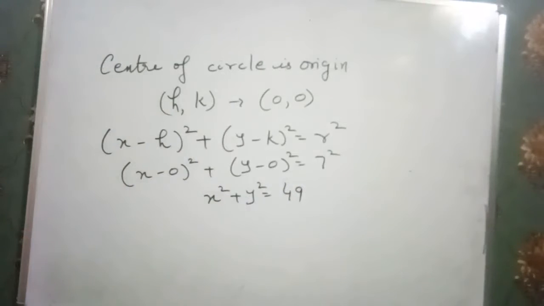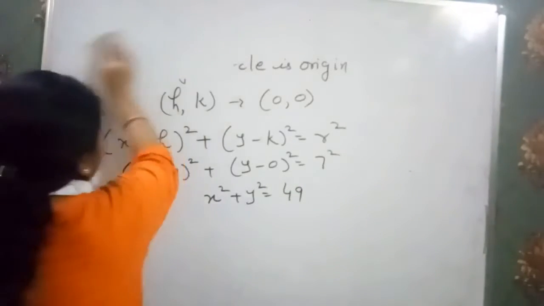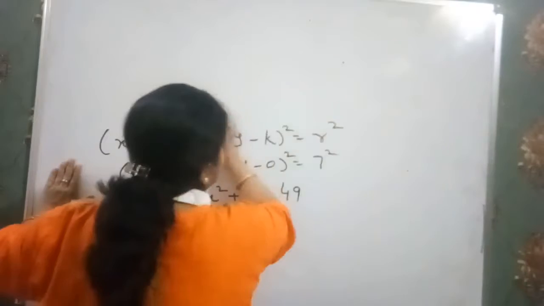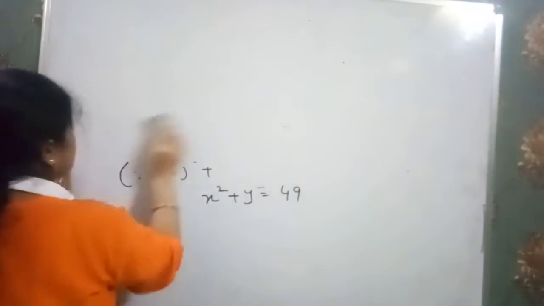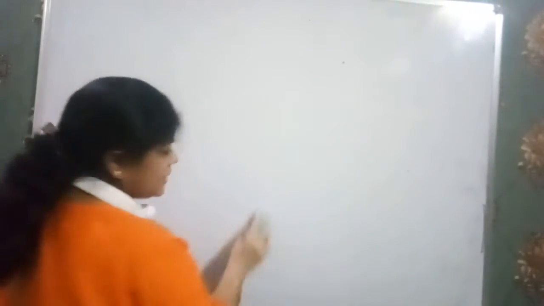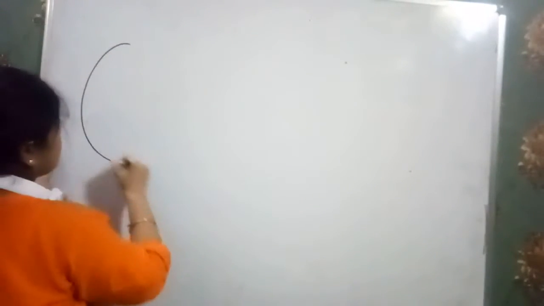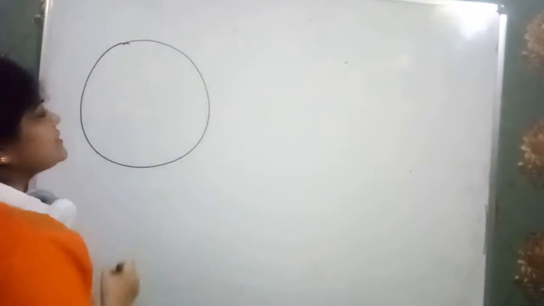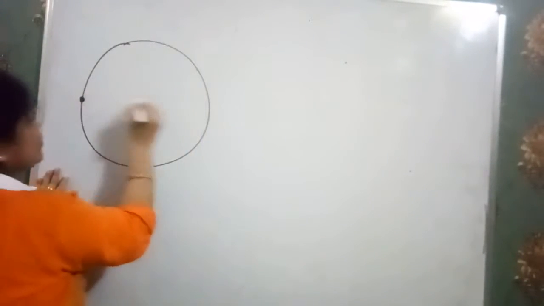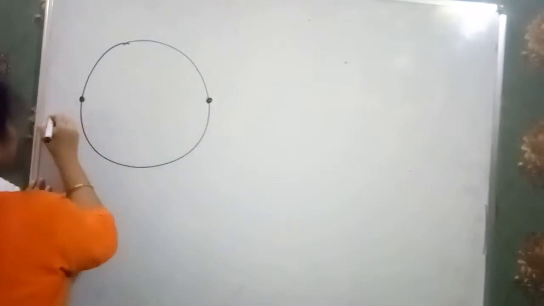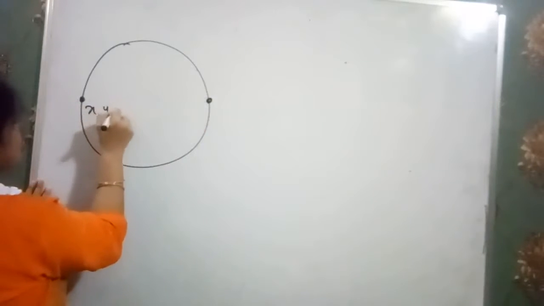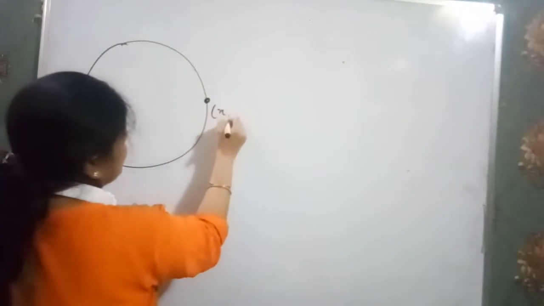Now I am giving the next concept, the next way in which we find the equation of a circle. Sometimes it is given that this is the circle and the center is not given. Instead the two end points of the diameter are given. For example, this is (x1, y1) and this is (x2, y2).